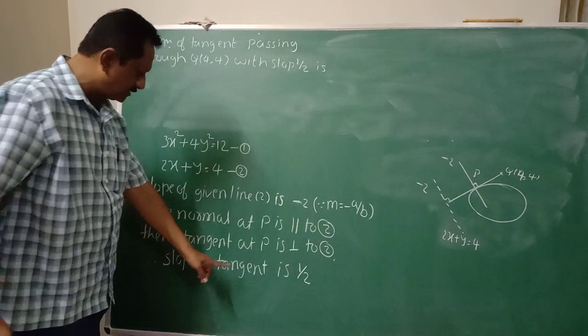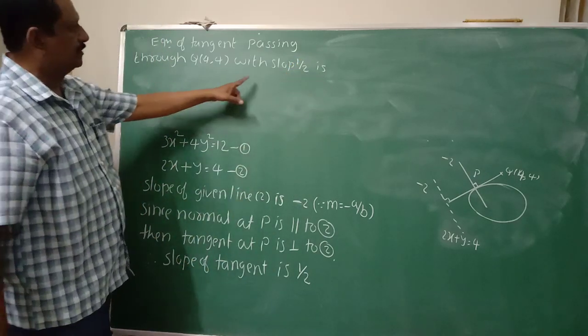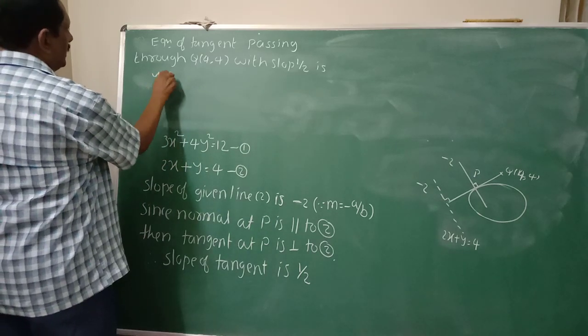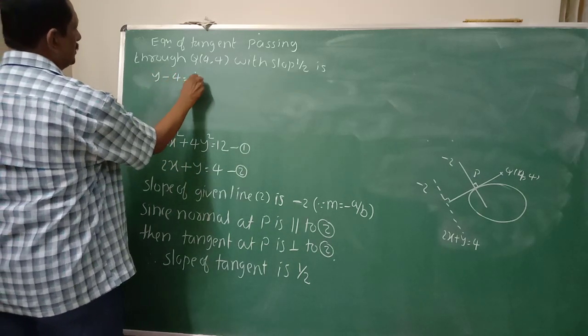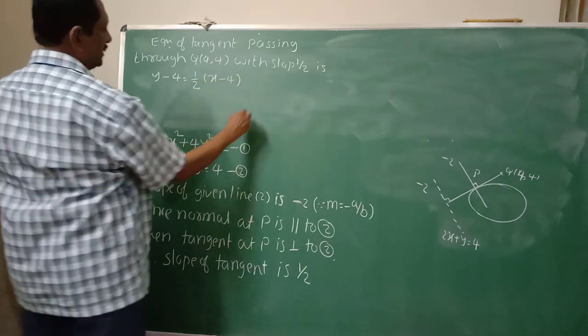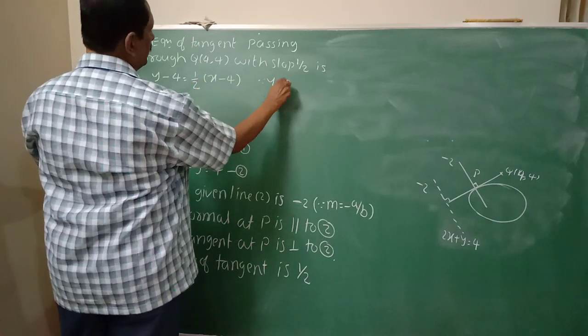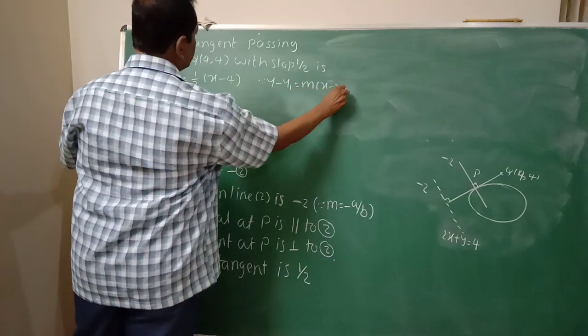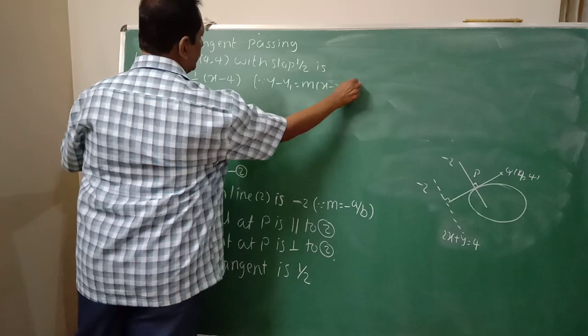Okay, 1 upon 2 is the slope of the tangent, so y minus 4 is equal to 1 upon 2 into (x minus 4). We are using the formula y minus y1 is equal to m into (x minus x1). So this is the formula.